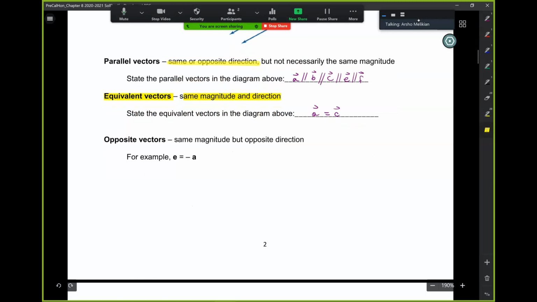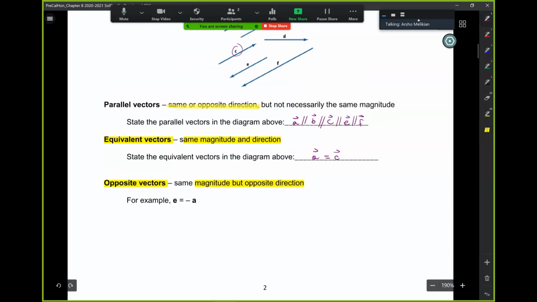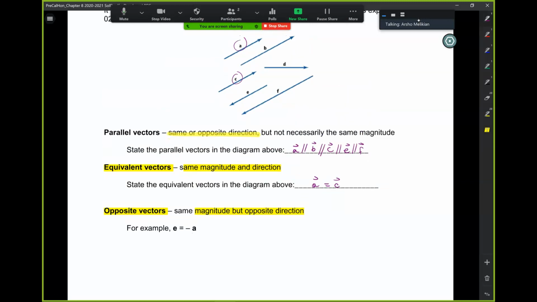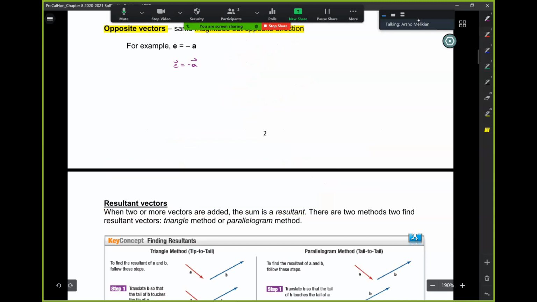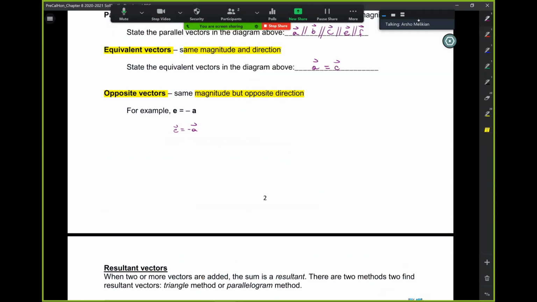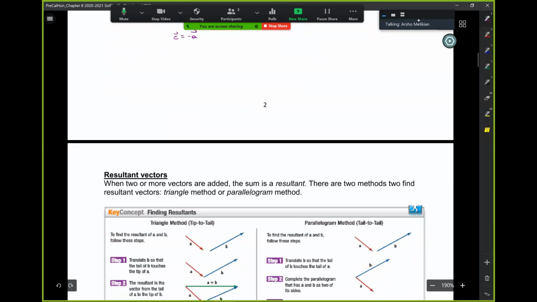Opposite vectors have the exact same magnitude, but the opposite direction. So here, look at vector E and A. So I say vector E is the negative of vector A. And yes, E and C have the same relationship, okay? Wait, so why did this not have arrows on it? Because it's bold, right? If it's bold, then it takes the place of the arrow, and I purposely put it that way because I want more exposure.